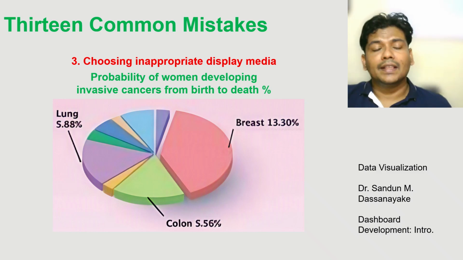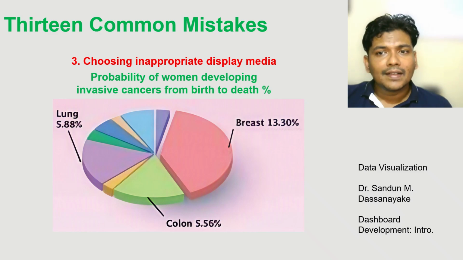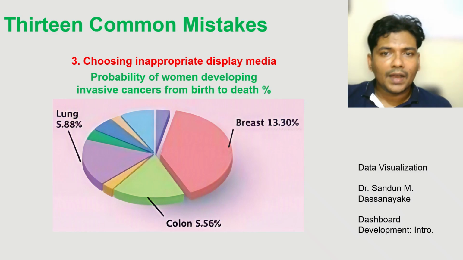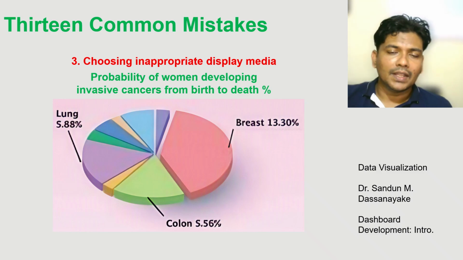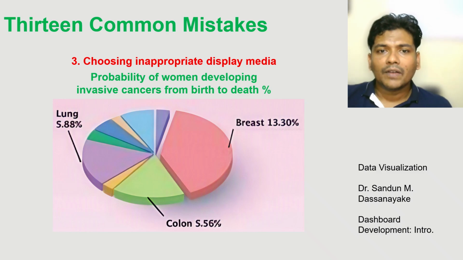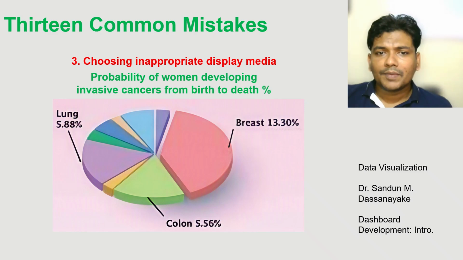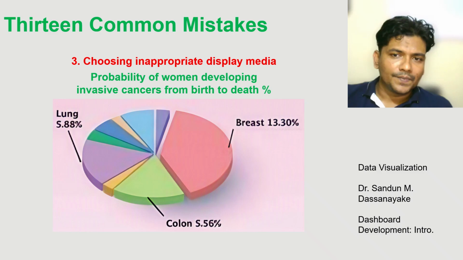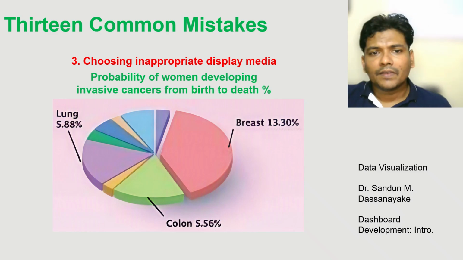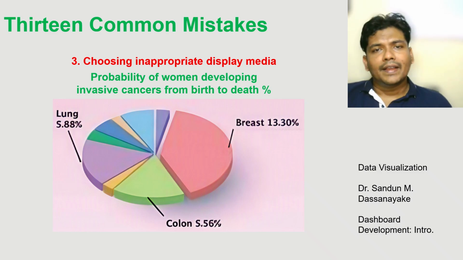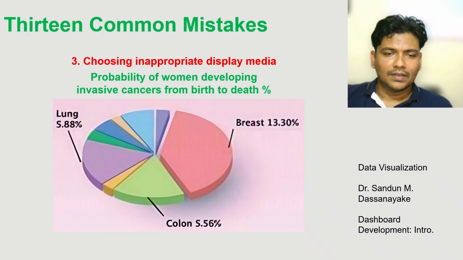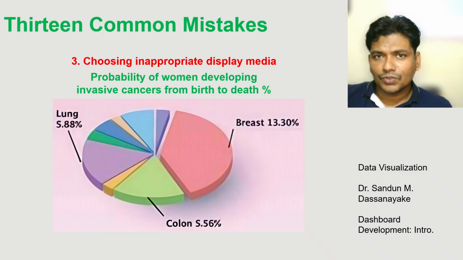Despite the meaning that a pie chart suggests, these slices are not parts of a whole. They represent the probability that a woman will develop a particular form of cancer. Breast, lung, colon, and 6 types that aren't labeled. This misuse of a pie chart invites confusion. So this is not the way to show your data.